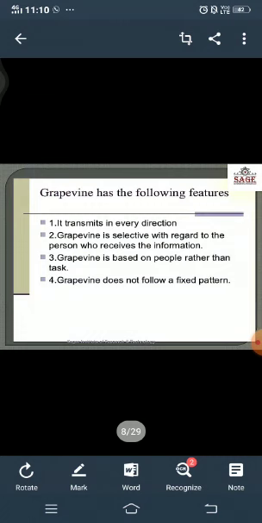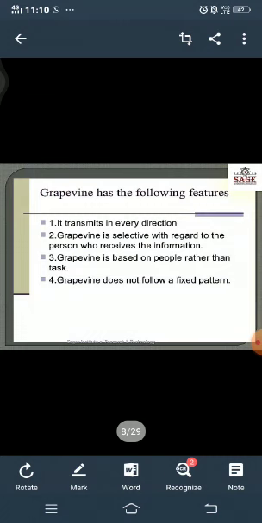Grapevine is selective with regard to the person who receives the information. So only the people who are associated with the group will know this. Then, grapevine is based on people rather than task. Yes, exactly, because it is not the task which attracts grapevine, it is the people.